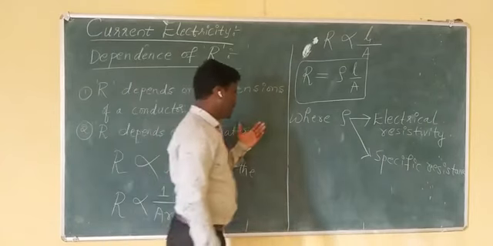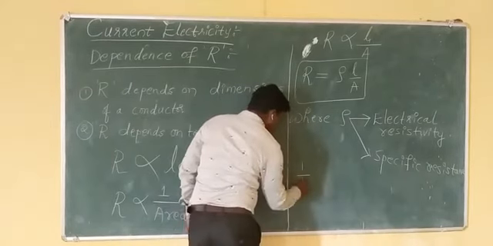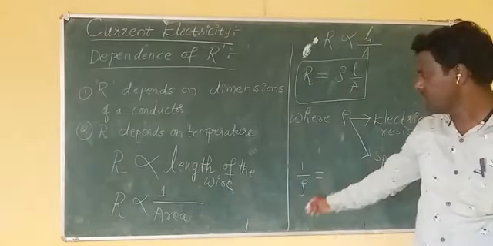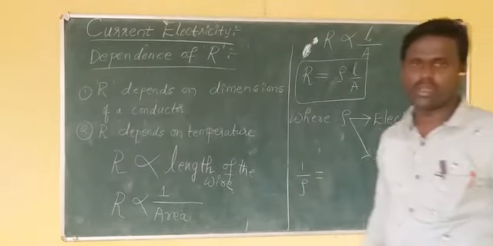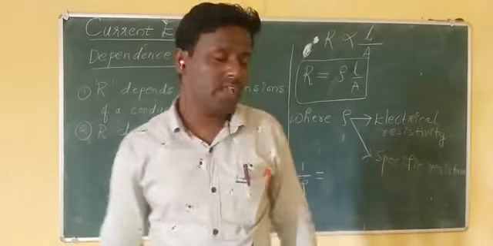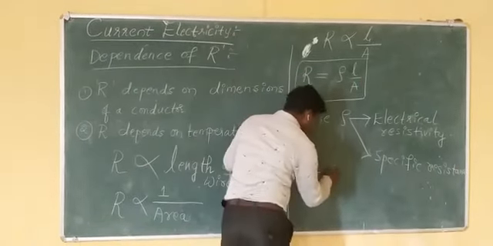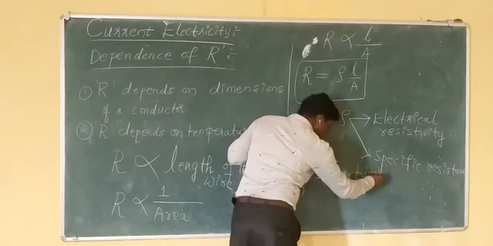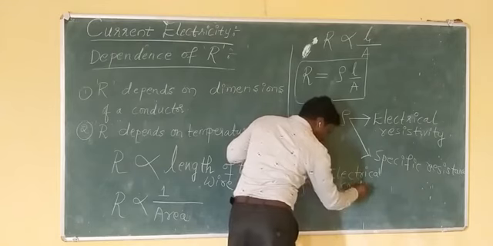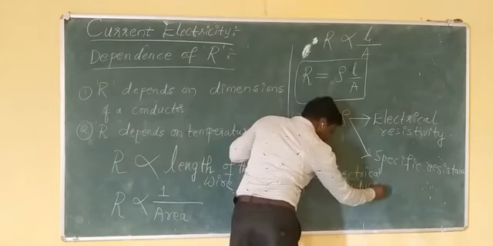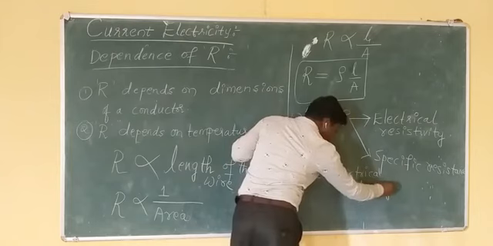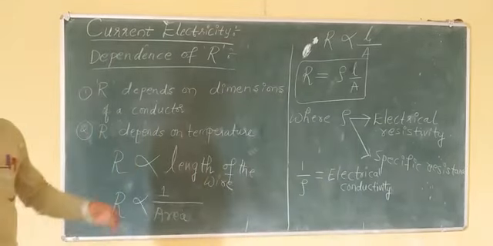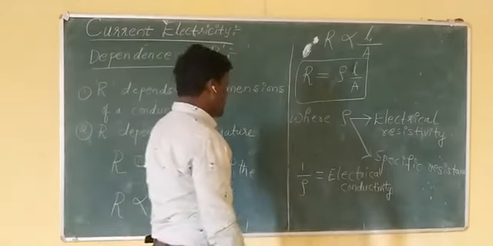Now, 1 by rho, you know about 1 by rho? 1 by rho is the reciprocal of the resistivity. The reciprocal of resistivity is called electrical conductivity. So 1 by rho equals electrical conductivity.